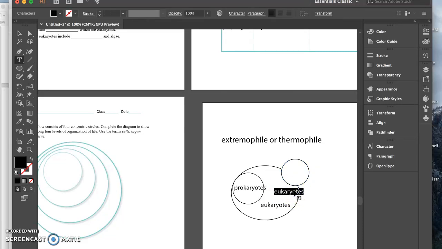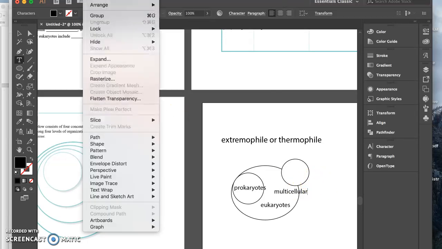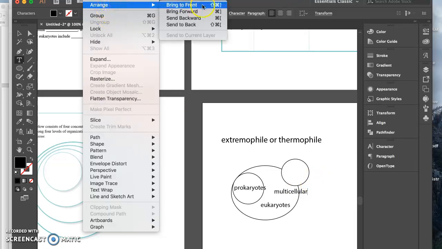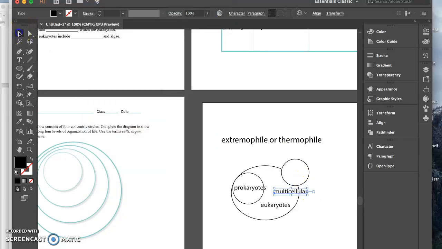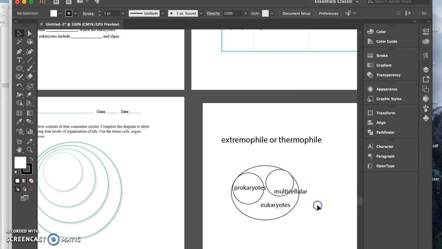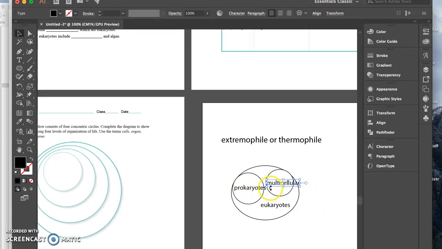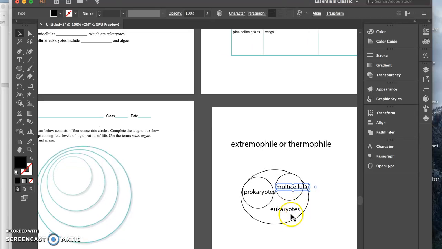So let's put multicellular, and let's bring that to the front. So all living things are in the big circle. And notice the prokaryotes and multicellular organisms don't overlap. All multicellular organisms would be eukaryotes. So there you go.